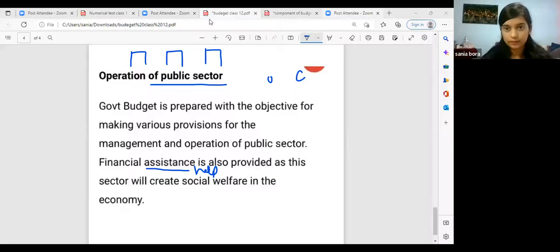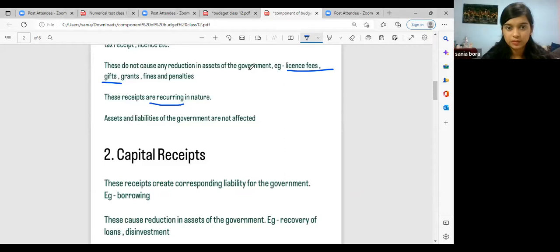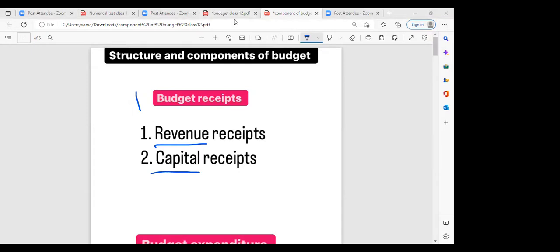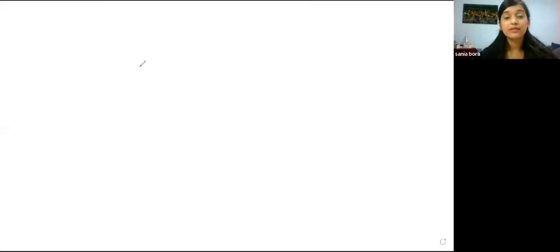Okay, so we are starting with a new concept, which is very important. I hope my screen is visible. Now we will be starting with components.